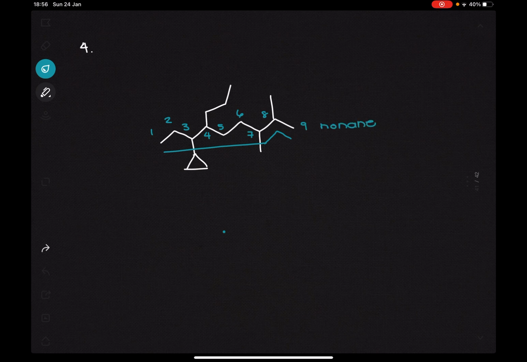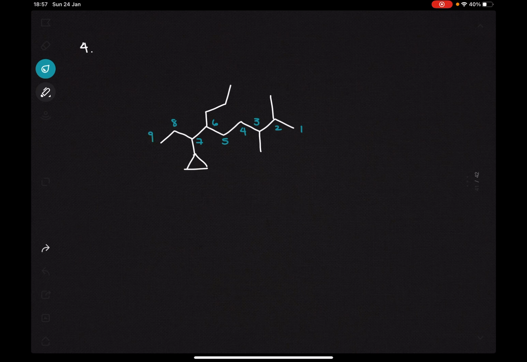Then I can see that my numbering actually has to go this way because in this first carbon, I have a substituent. So I'm going to go backwards. So I can already have the numbers ready. So I have 1, 2, 3, 4, 5, 6, 7, 8, 9.